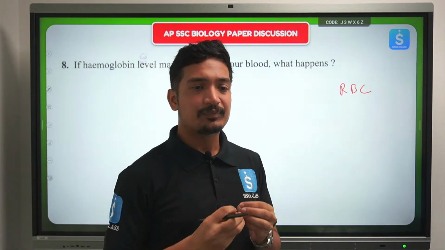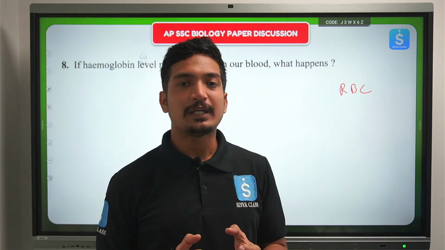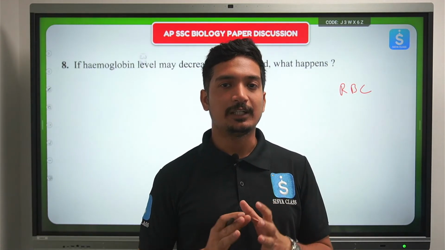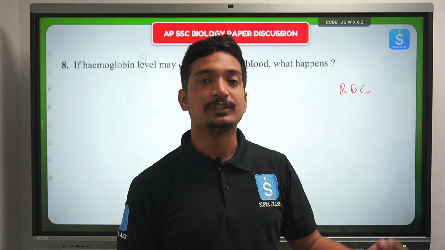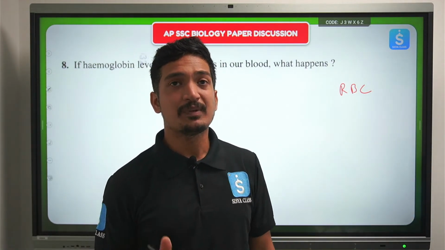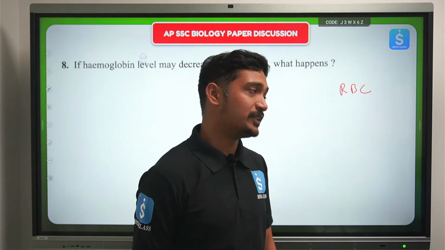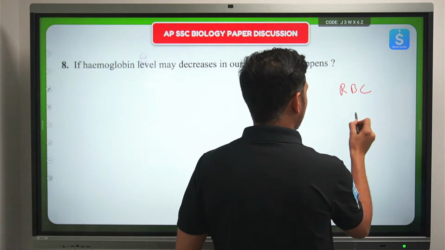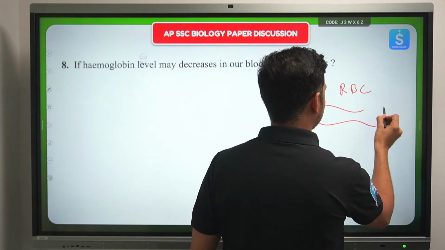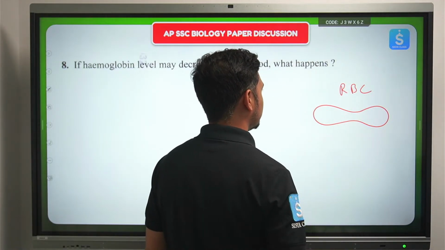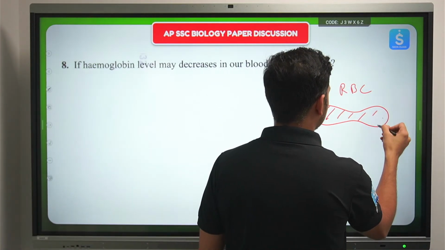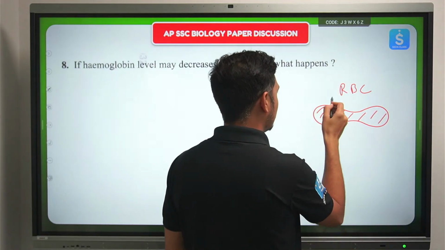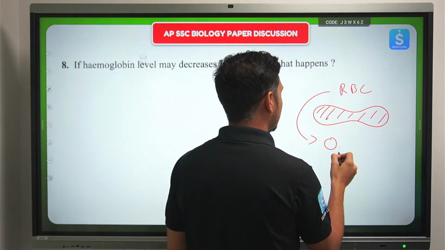Its key feature is to capture oxygen molecules and transport them from the place where they get oxygen to the place where oxygen will be supplied or used, for example the cytoplasm of the cell. RBC looks something like this in cross section, and the red color of the RBC actually comes from hemoglobin.